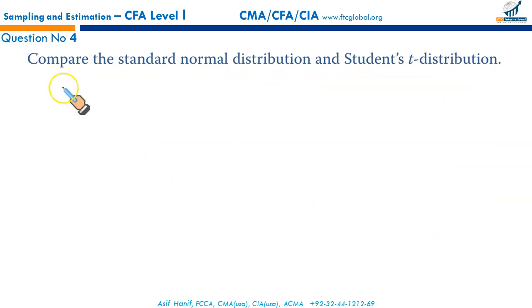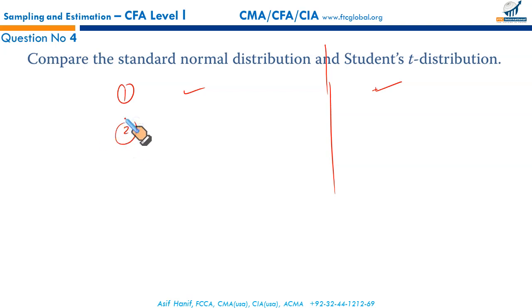Next is to compare the standard normal distribution and the student's t distribution. First, there is only one standard normal distribution for a given set of data, but many t distributions exist, one for every different number of degrees of freedom.